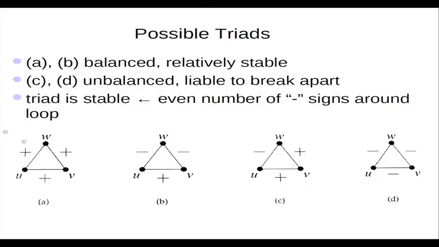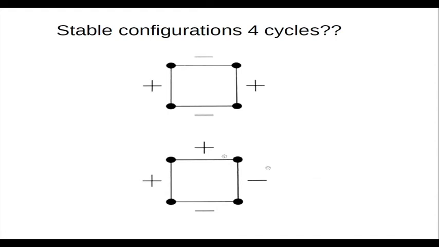So, for instance, in this particular example, you see C and D are having an uneven number of negative edges. Okay. And that is why these are unstable configurations. Whereas, in this particular case, the 4 cycles have only an even number of negative edges, that is why both of them are stable configurations.